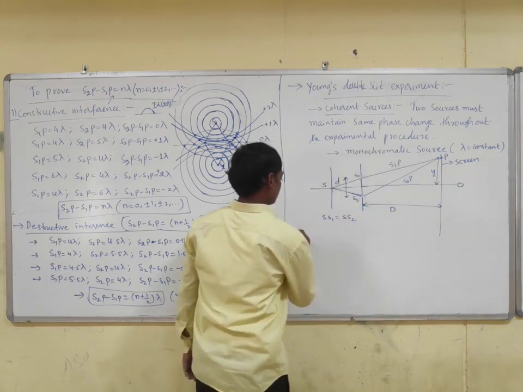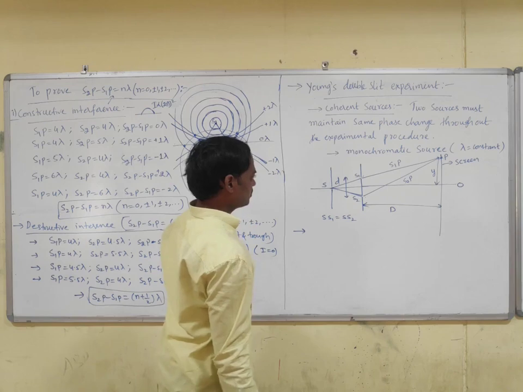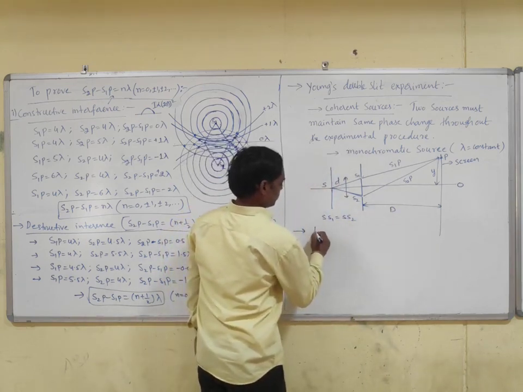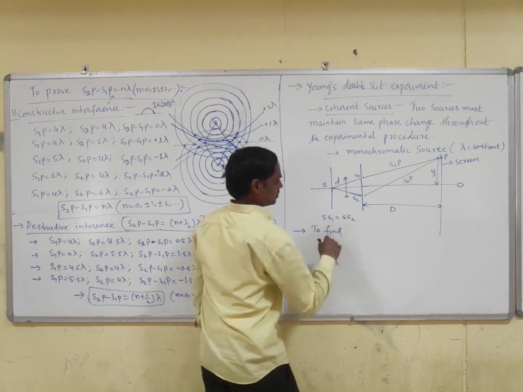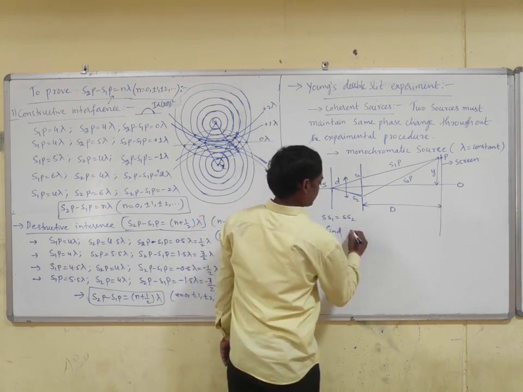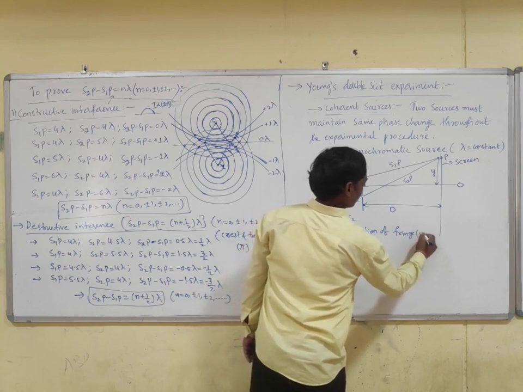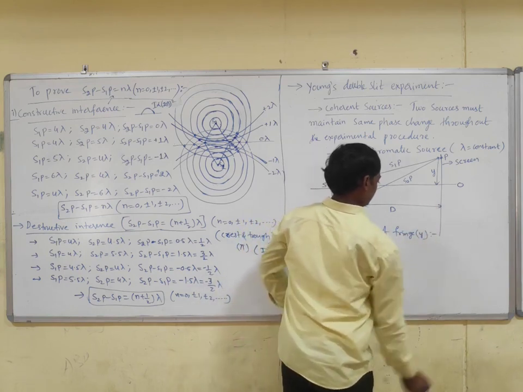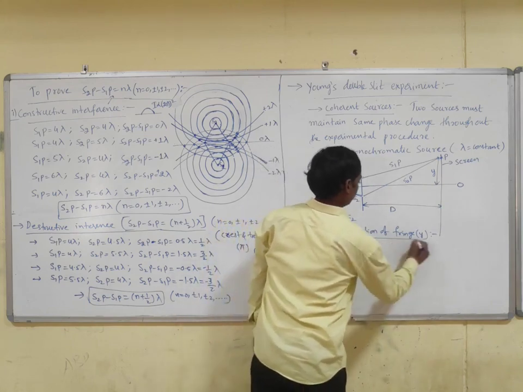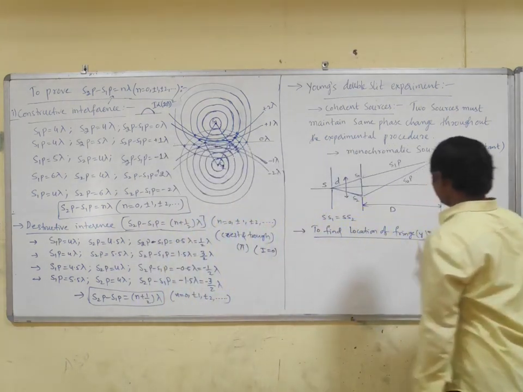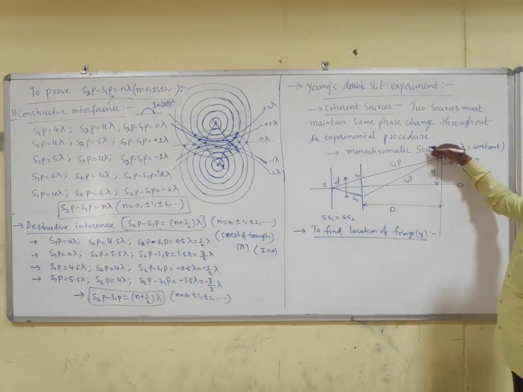Okay. So now let us find the expression to find the location of a fringe Y. That is our intention here, to find the location of the fringe Y. Location means at what height from the center of the screen the fringe is located.